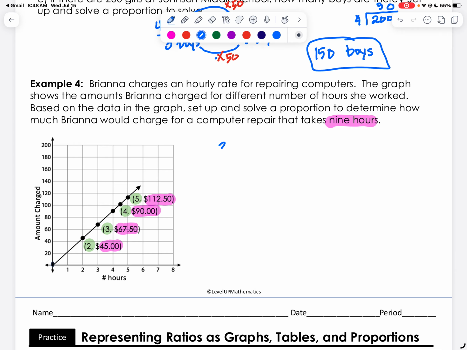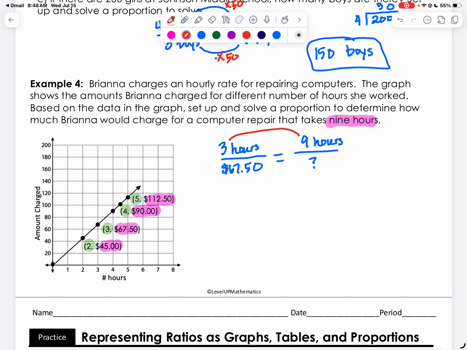So I'm going to say 3 hours to $67.50 is our first ratio. And we want to know how much she would earn, so I don't know the earnings, for 9 hours. Notice how in our ratios, I'm keeping the hours on the top in both ratios. So I think this one's pretty easy to scale.